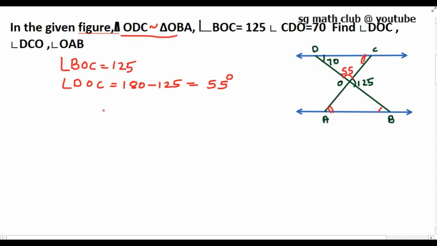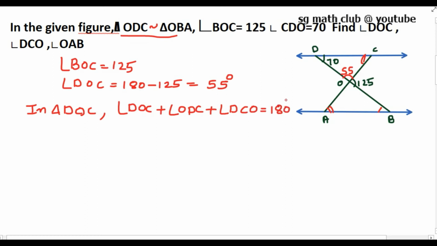Now what about C? If you consider the triangle DOC, I can write angle DOC plus angle ODC plus angle DCO equal to 180 degrees because the sum of all the angles of a triangle is 180 degrees.